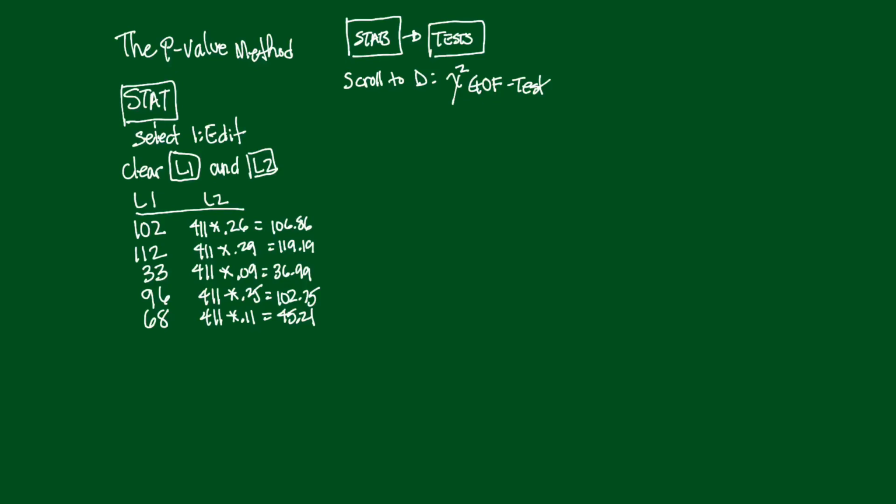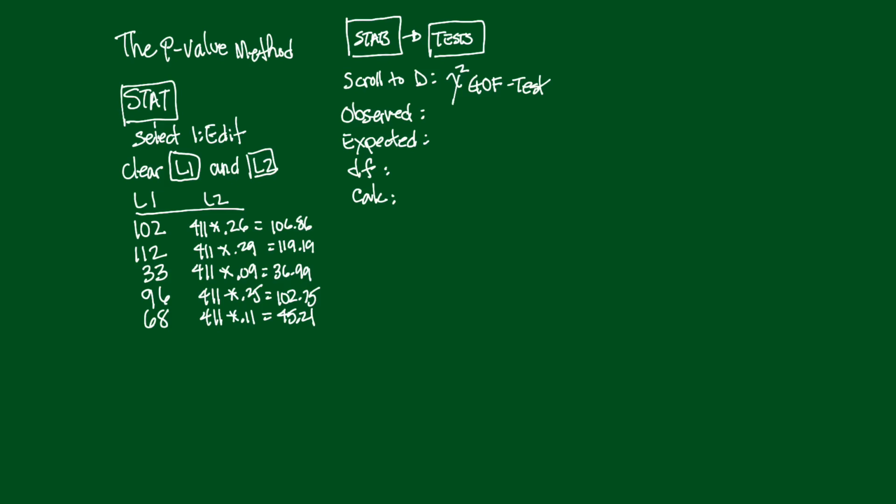So press the stat key again, over to Tests, and then you can scroll up or down, but it's item D. Scroll to D where it says chi-square GOF, the goodness of fit test, and choose that one. Press enter, and what comes up is Observed, and it wants a list. What list are your observed values in? We put those into L1.